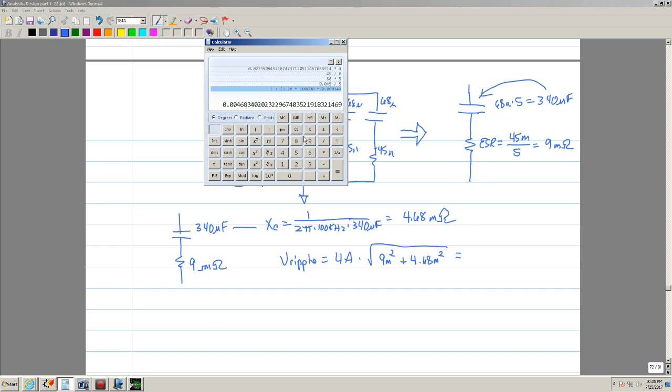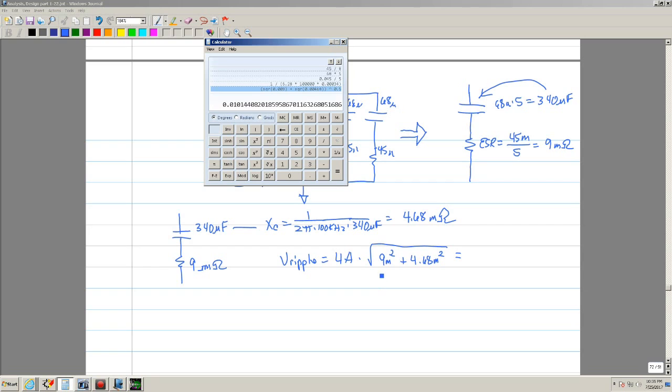Let's do the impedance, or the magnitude: 0.009 squared plus 0.00468 squared, raised to 0.5.